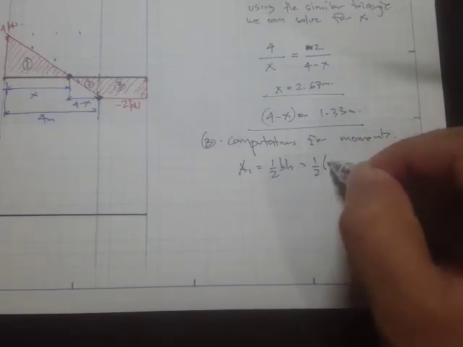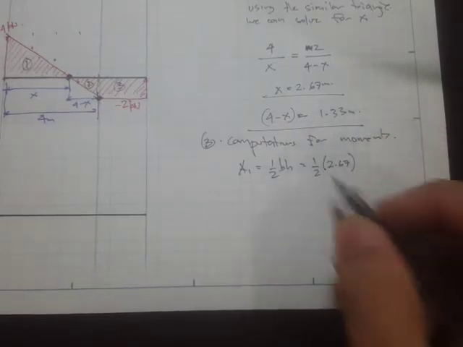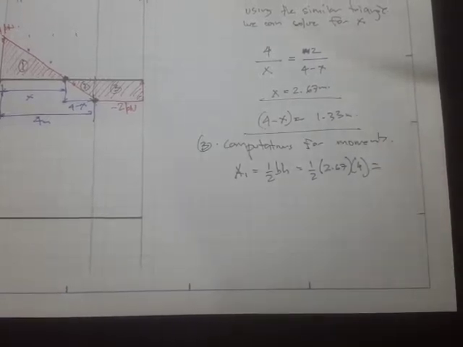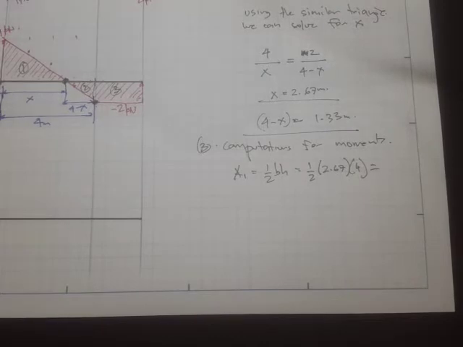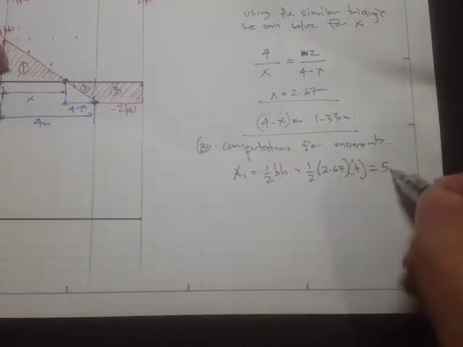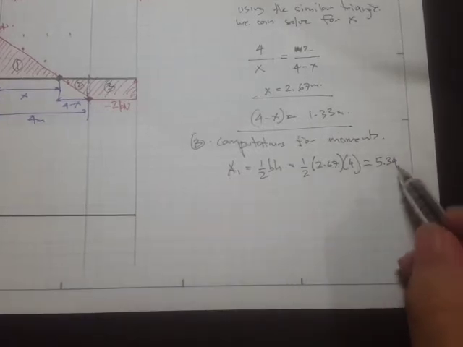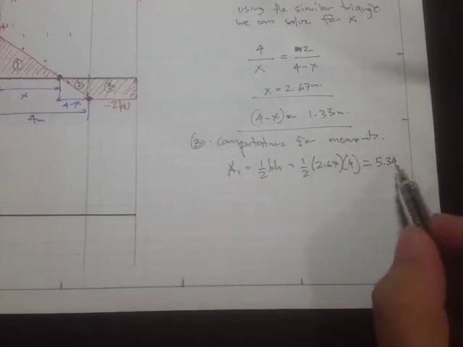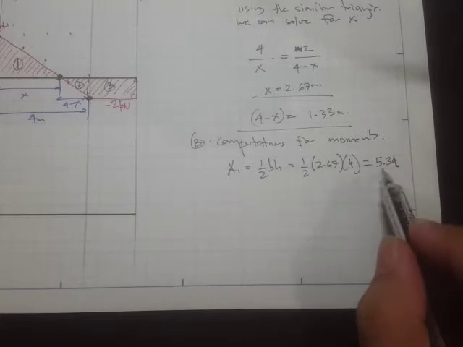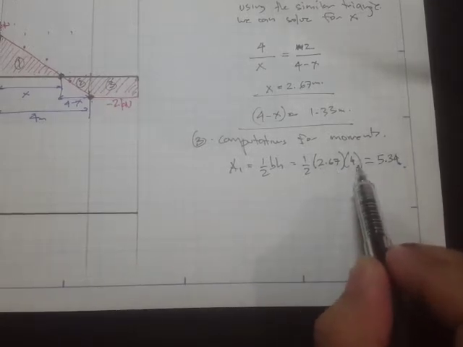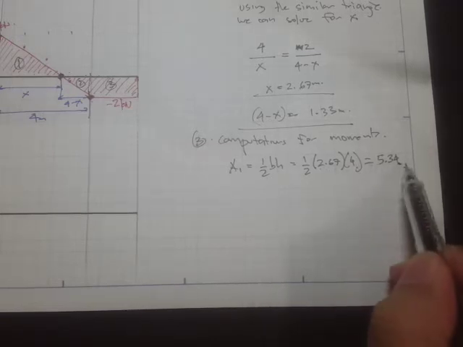Our base is x, this is 2.67 times height of 4, and this is equal to 5.34. Okay, and the unit right here is actually the unit of the moment, because this is meters and this is in kilonewtons. So this will be kilonewton meters.